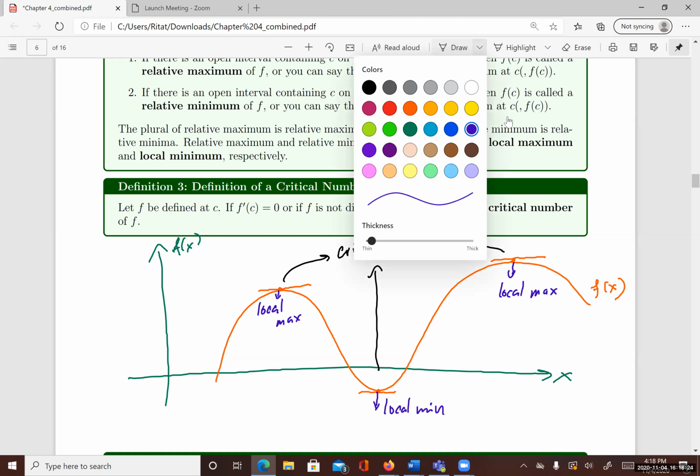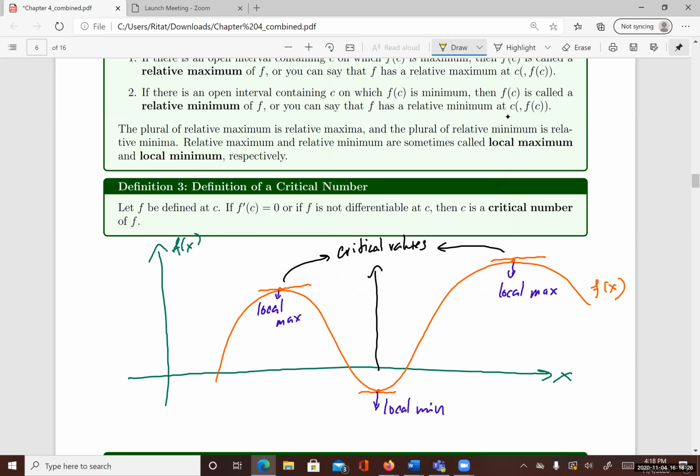So if you look at this local maximum here, if you look at this interval from this point to this point, right? So this point is the maximum, the highest value of the function on the interval surrounding this point. Similarly, if you look at the interval from this point to this point, then this point here is the smallest value of the function in this small interval.